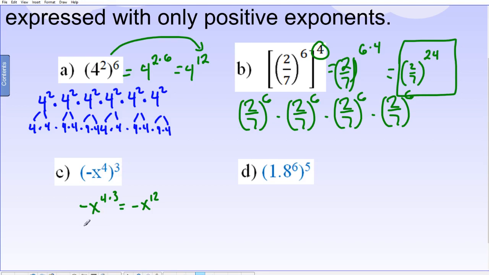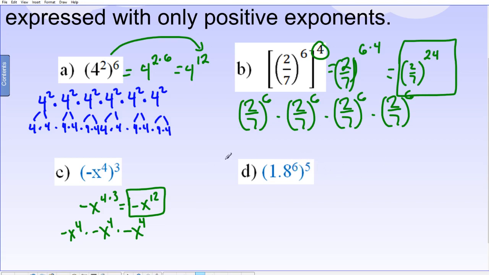Right? 4 times 3, because that'd be negative x to the 4th, I did it again, negative x to the 4th times negative x to the 4th times negative x to the 4th. And each of these can be broken down and multiplied back together to give us 12 x's being multiplied together. Letter D.